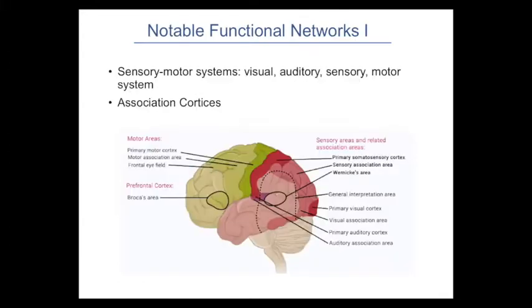To give you a rough overview of some important functional networks, we have the basic sensory motor system: visual, auditory, sensory, and the motor system. You can see they are very well localized. We know a lot about them, and they're easy to study, also in other species. Then as we integrate this information and have this hierarchical setup, we go up the hierarchies.